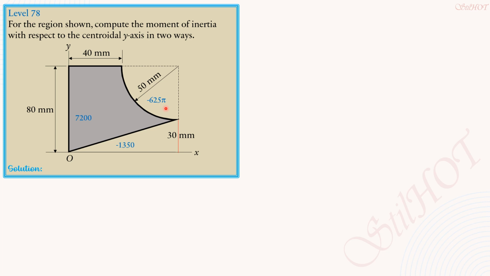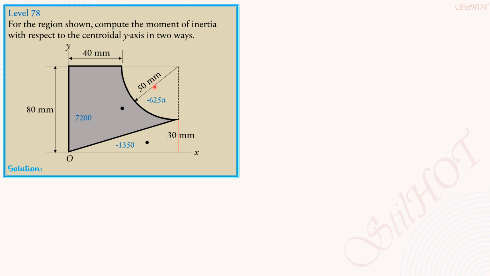For the location of the centroid, this is the centroid of the rectangle, which is 1/2 of 90 from the y-axis, so that's 45 mm. The centroid of the triangle is 2/3 of 90, so that's 60 mm. I'm not showing it here, I'm just mentioning, and I hope you can listen and remember.